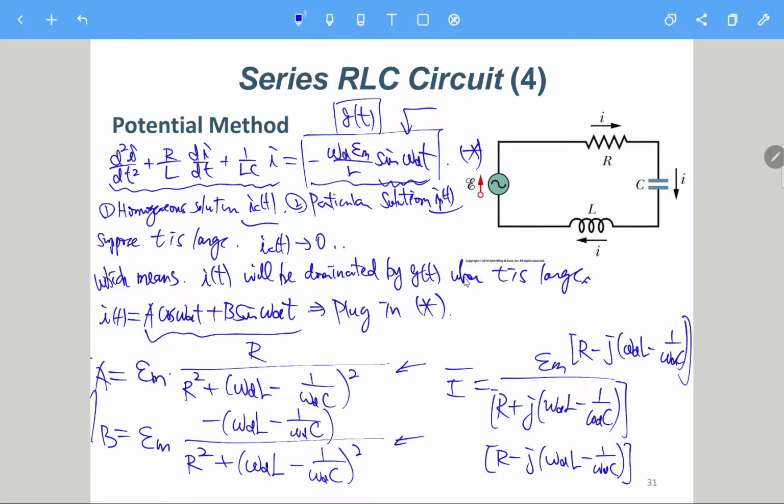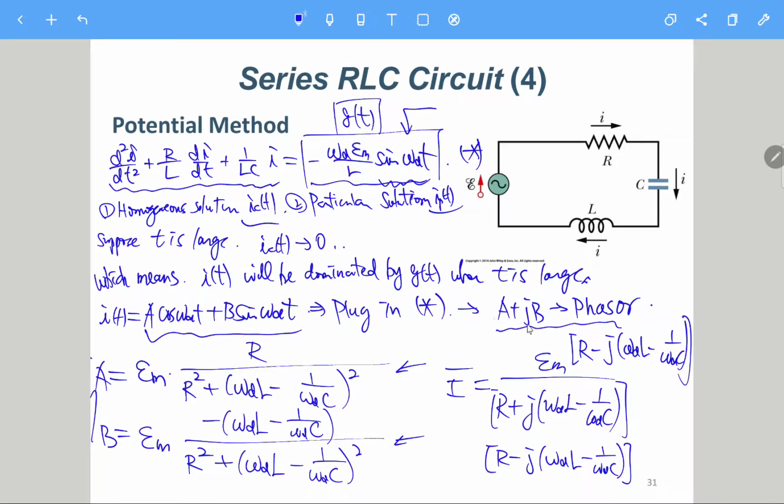So you can use the ODE method to find the similar expression, but as you can imagine, if we have A, B like this, it turns out that the phasor will be A plus JB. And of course, this is a complex number in the Cartesian coordinate.